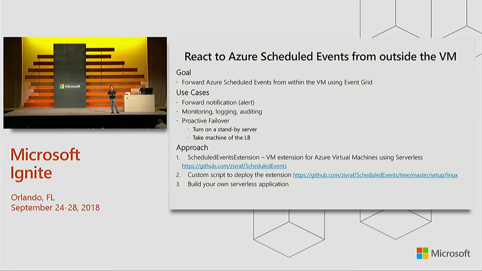So we are going to demo now an extension which we built, which picks those scheduled events and puts them on Event Grid. Event Grid is one of our cloud messaging services which has built-in connectivity into Azure Functions and Logic Apps. So you can write serverless code, which I will demo soon, to handle those scheduled events.